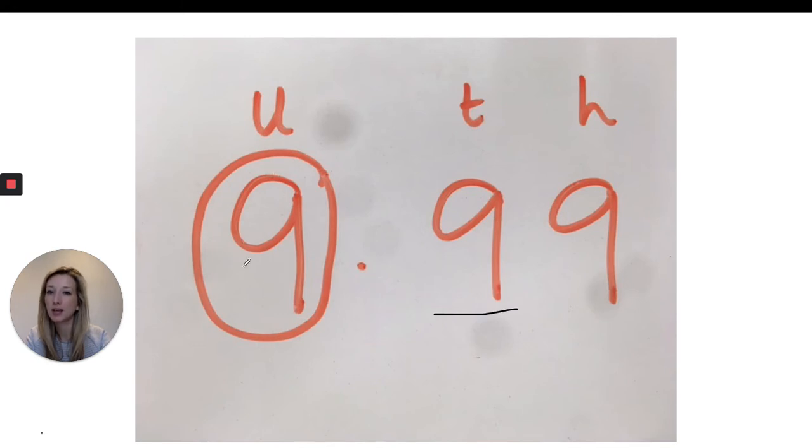Now we can't have 10 units, so it goes back to 0, and we have 1 ten. Okay, and then you could pop your zeros in as a placeholder, or you could just leave it as 10, if you wanted to round that to the nearest unit. Bit of a misconception there, because if you're rounding to the nearest unit, but you've ended up with a 2-digit number, that is in fact correct.